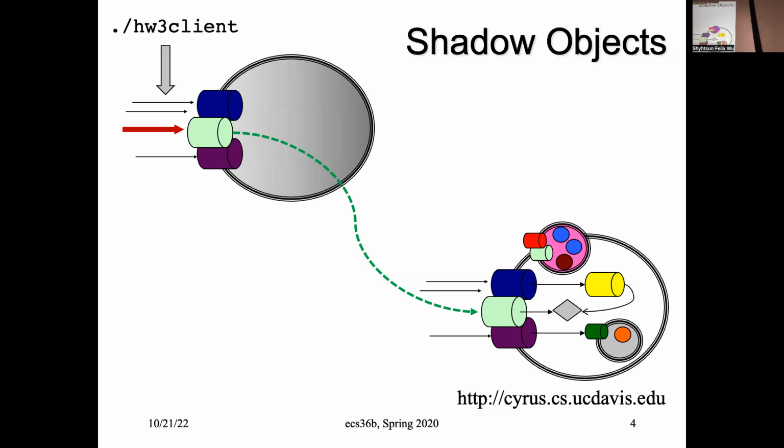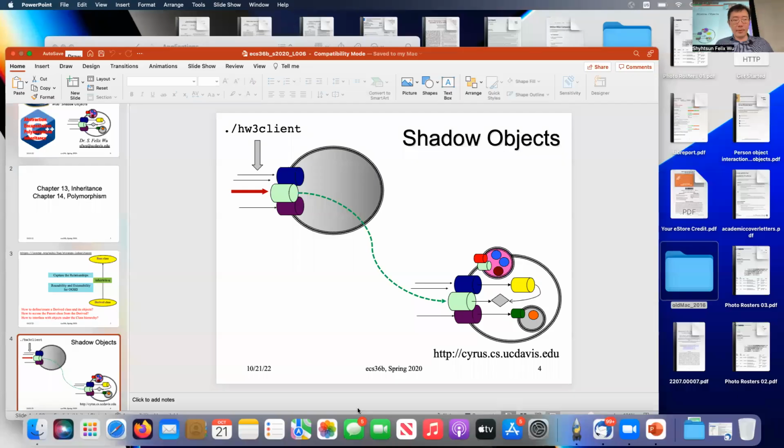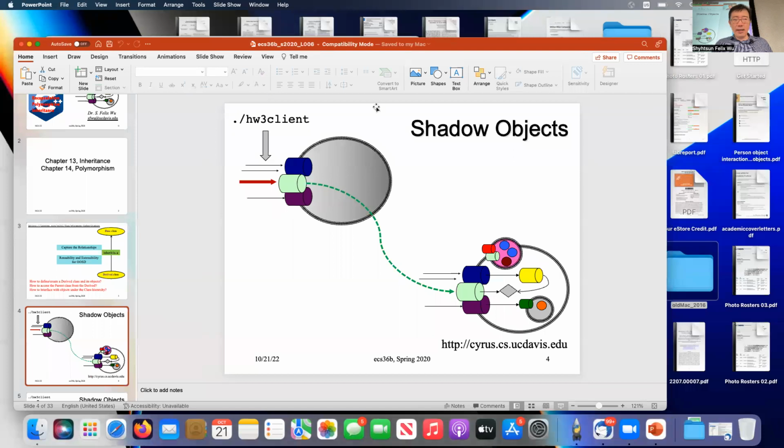A URL, which you probably saw before, is usually HTTP or HTTPS, depending on the security mode. Let me write down a particular way you can access an object.